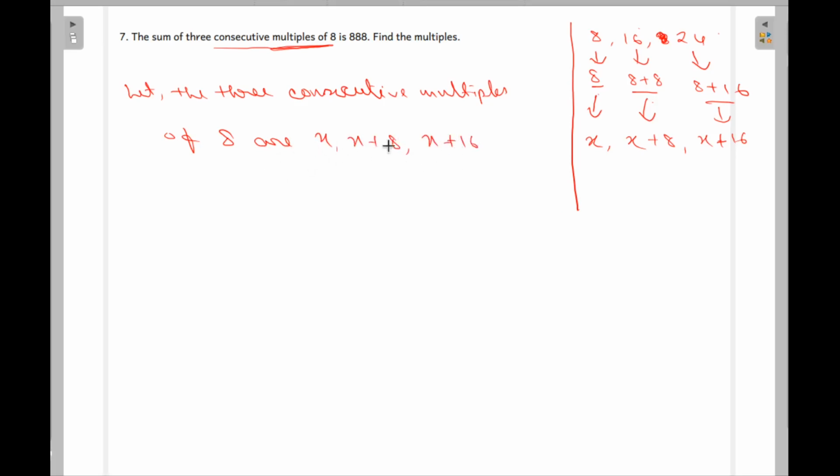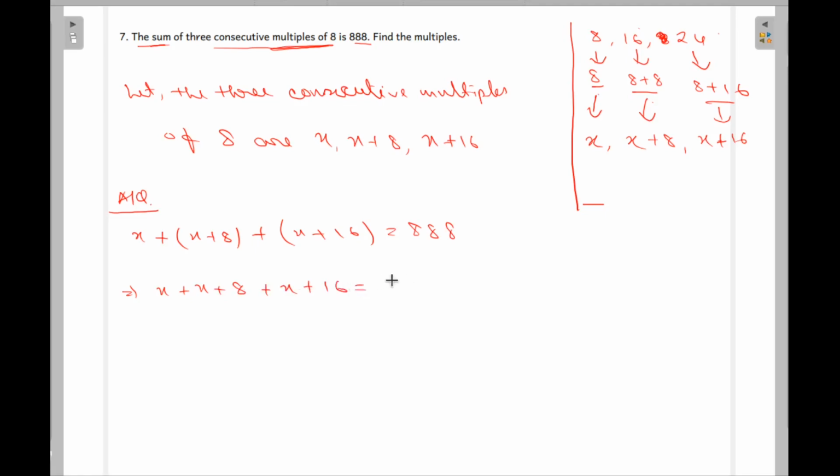Okay, I think up to here it is clear to you. Now the next part is very easy. The sum of these 3 numbers is equal to 888. So according to the question, x plus (x plus 8) plus (x plus 16) equals 888. Now just remove the brackets.